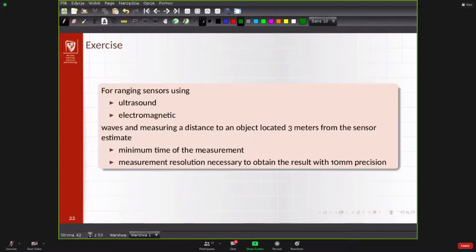Just to recall, because probably you will need the formula. The formula we had for the distance was, let's say, delta time over 2 times the velocity. So when we use the ultrasound signal, what is the velocity of that signal?